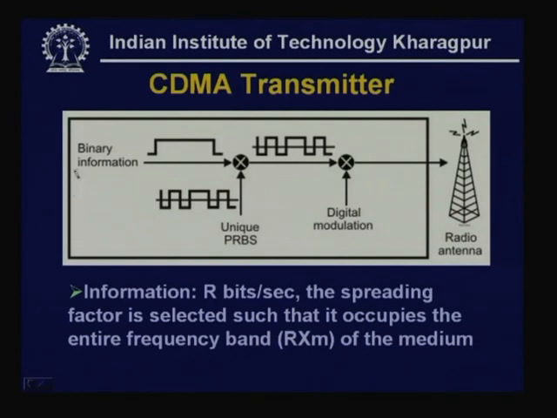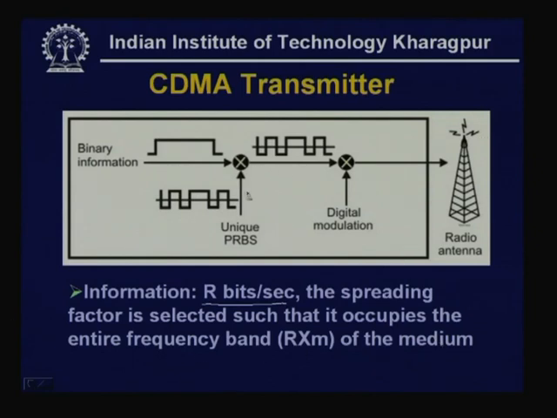So, the binary information comes here, that 0 or 1, and it is being multiplied with the help of that random sequence. If R is the bit rate of the data, then the spreading factor is selected such that it occupies the entire frequency band of the medium.